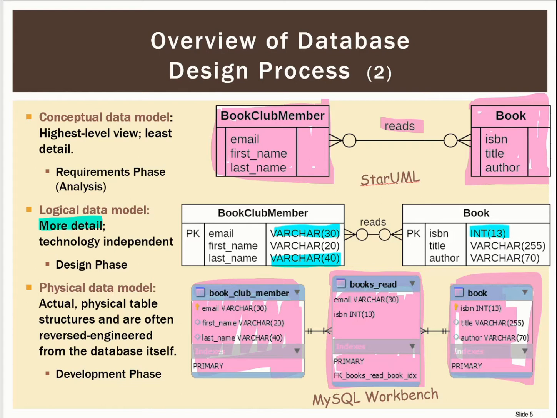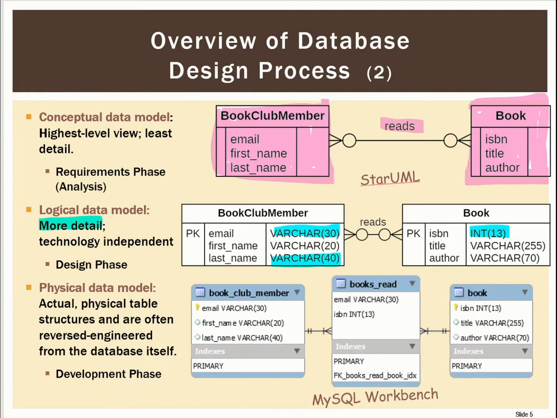So we're getting a little more detail. When we come down to the physical models below, you can see that we have the actual data types locked in here as well. We may learn other things at the physical model, such as which of these fields are allowed to be null and which are not. But when we're doing conceptual data modeling, we want to stay at the very highest level.